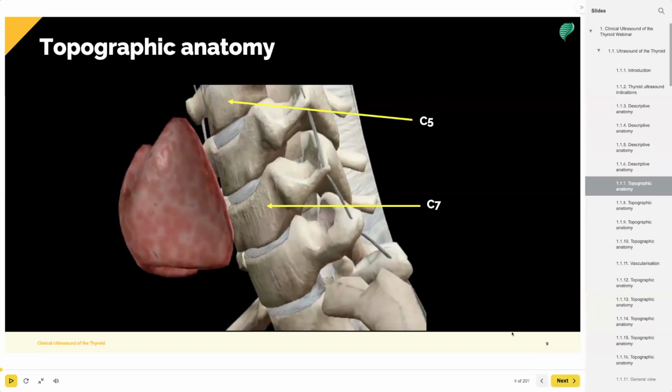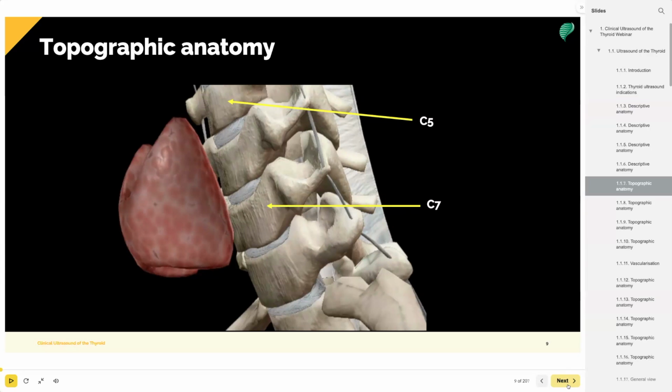This slide is showing us the topographic anatomy. So in this slide, we can see that the thyroid is located between the C5 and the C7 vertebrae. The trachea lies right in between the thyroid and the esophagus. The esophagus is difficult to visualize on the ultrasound due to the air obstruction.